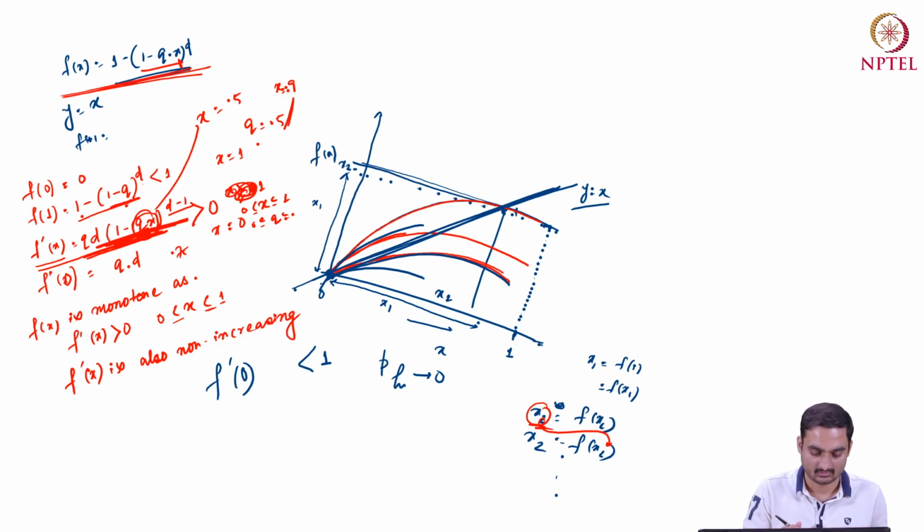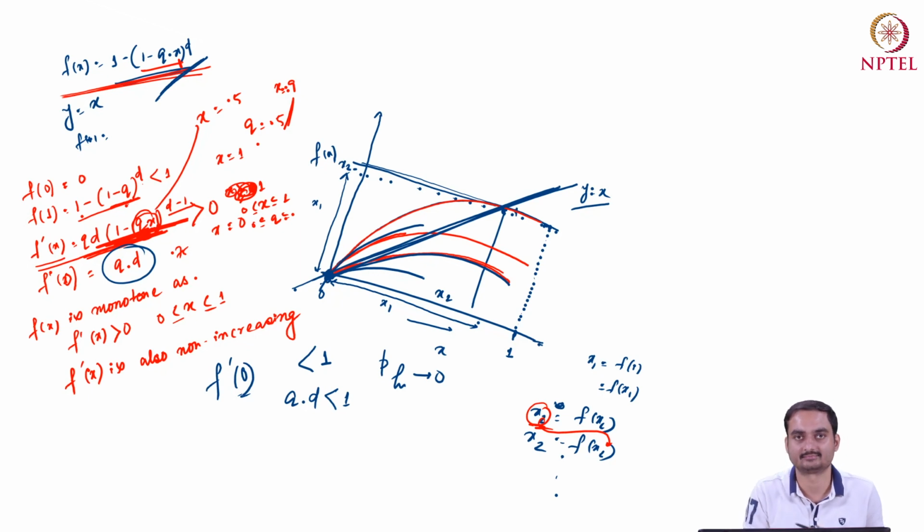So at 0, the slope is q times d. So q times d would be less than 1 in order to draw this kind of curve which will intersect only at this point, right?